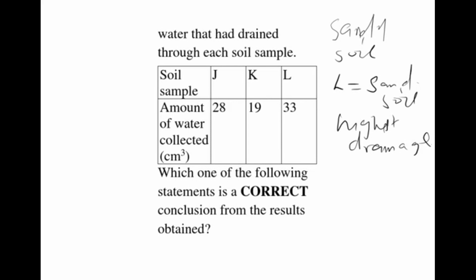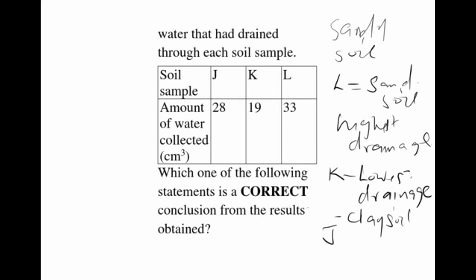Then we had soil K. Soil K had the lowest drainage, meaning that most of the water was retained in the soil and very little was allowed to pass through. So the soil with the lowest drainage is usually clay soil. Then J does not have the highest, neither does it have the lowest. So it is in between. So J is loam soil.